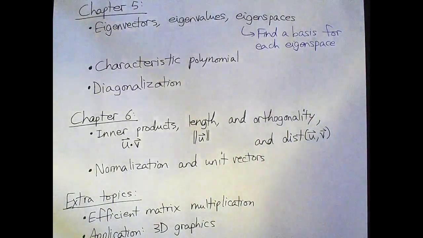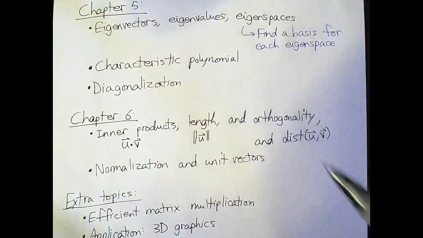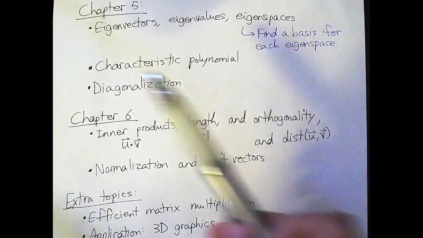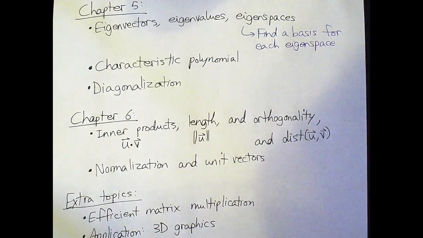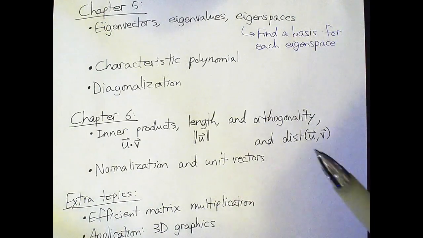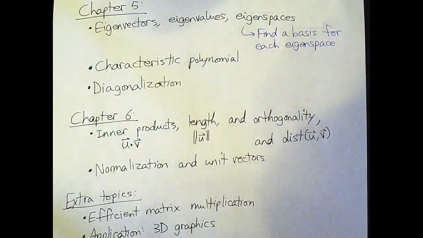Row reduction. So I mentioned row reduction in chapter 1, but really row reduction showed up almost everywhere. We used row reduction sometimes when we were trying to find eigenvectors and eigenvalues. So sometimes I might list something as chapter 1, but really it's used in multiple chapters.